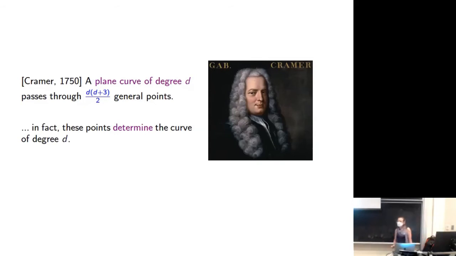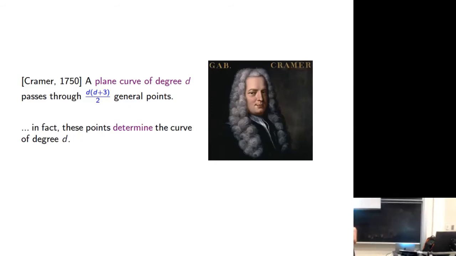Yeah. Does general position mean that those points don't lie on a curve? I guess definitionally, does it mean that they don't lie on a curve of lower degree? I mean, that could be one way in which they could be special, if they lie on a curve of lower degree. Actually, this concept of general, I'm really allowed anything I want.